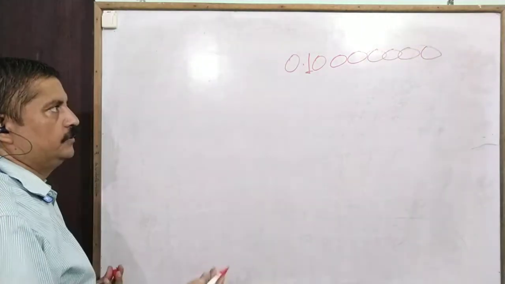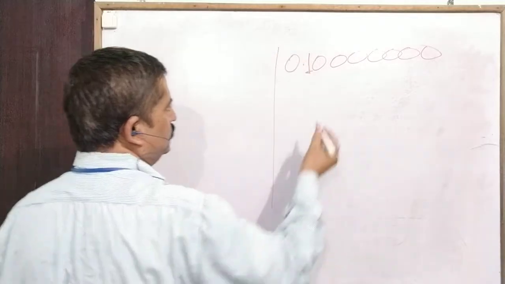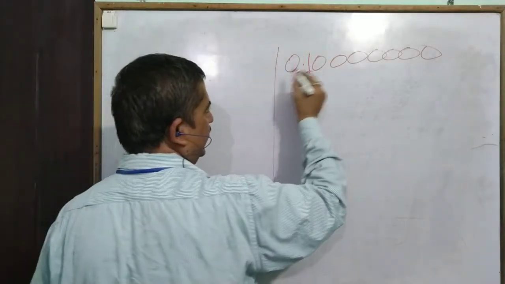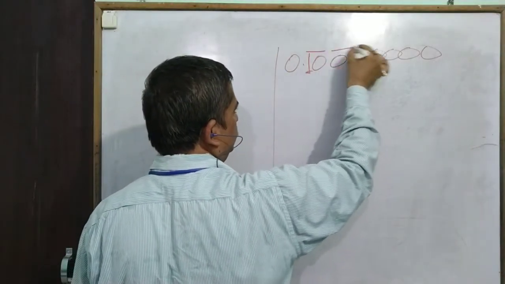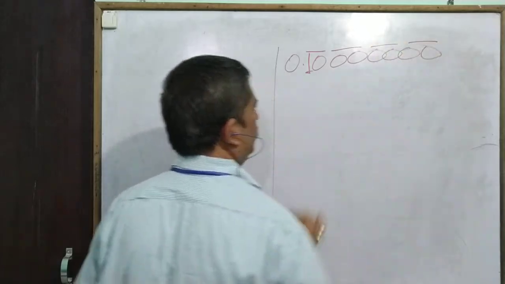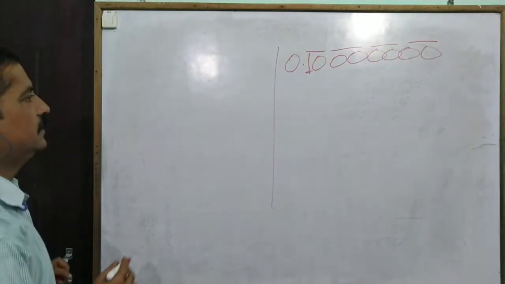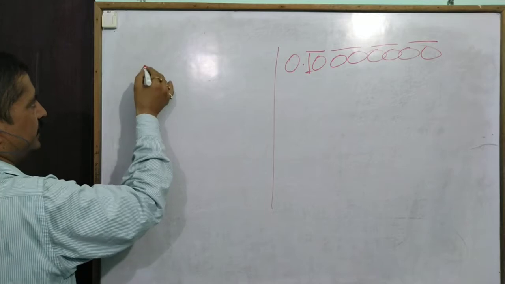Any problem? No problems? In a decimal you just pair from the left side. In a whole number you pair from the right side.